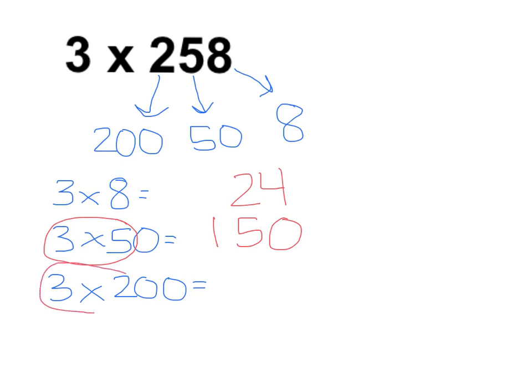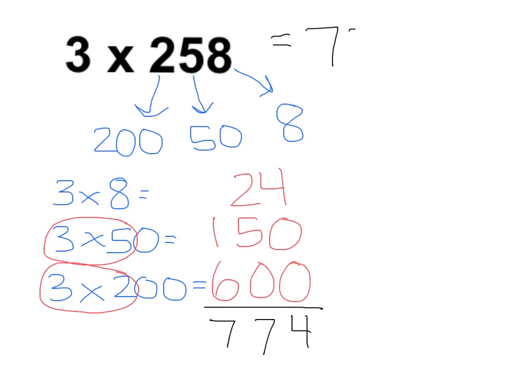First I'll do 3 times 2, which is 6, but it needs to be 100 times larger because it's being multiplied by 200, so that makes 600. Lastly, I just need to add these three numbers together, and that makes 774. So 3 times 258 equals 774.